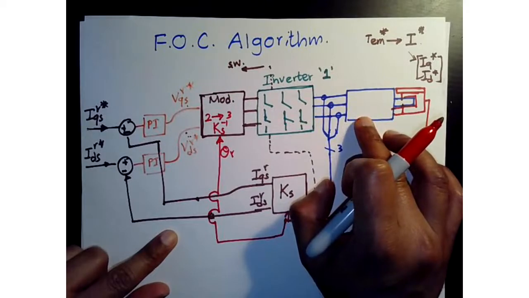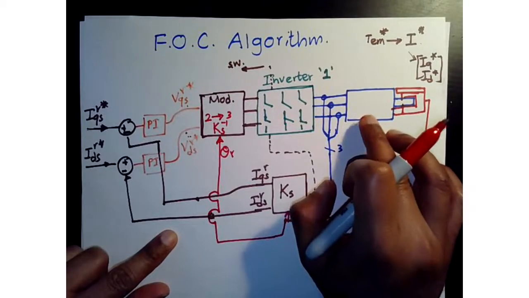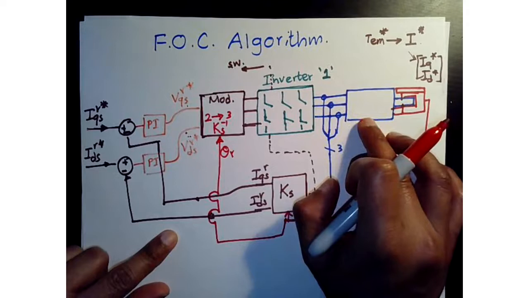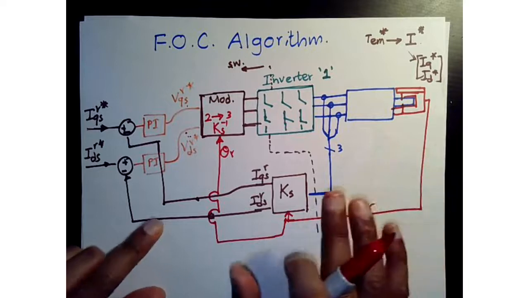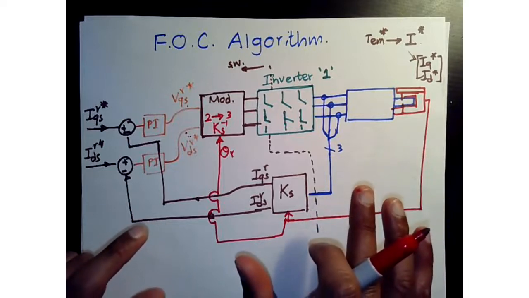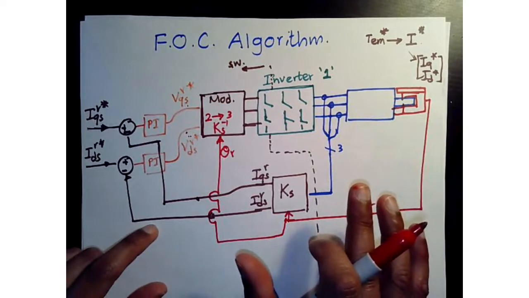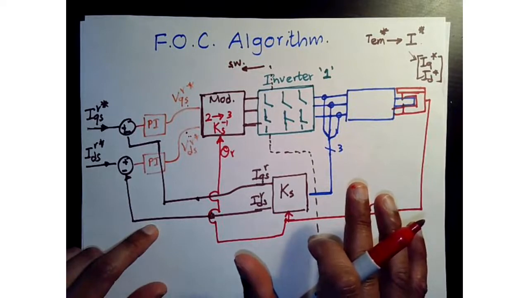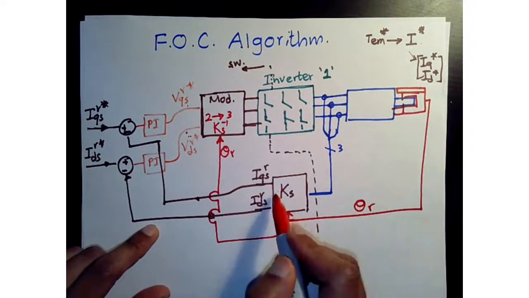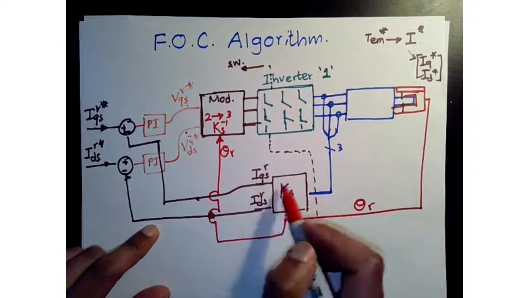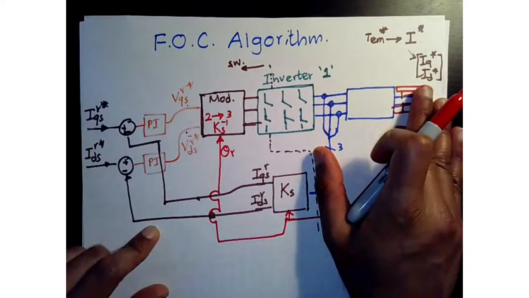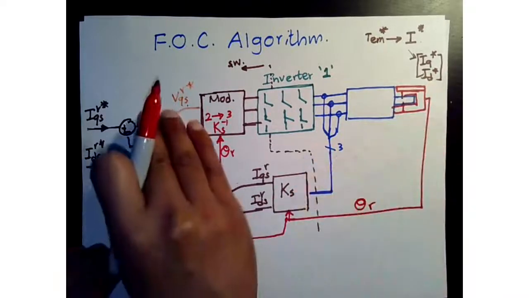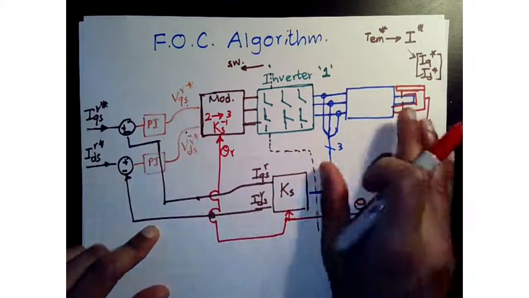Any questions on this transformation? With this transformation for the controller, it makes this system look like a DC motor, and then it doesn't have to deal with all the sinusoidal variations.